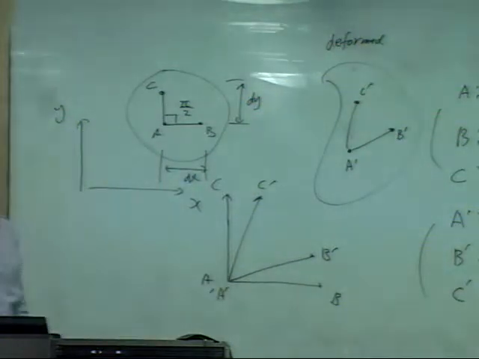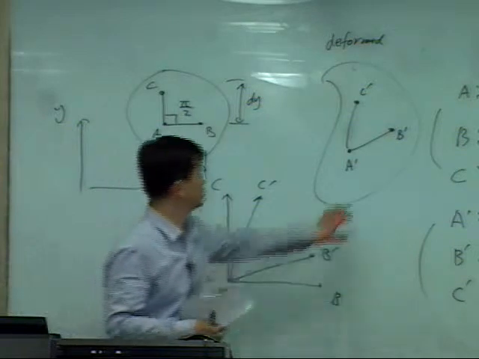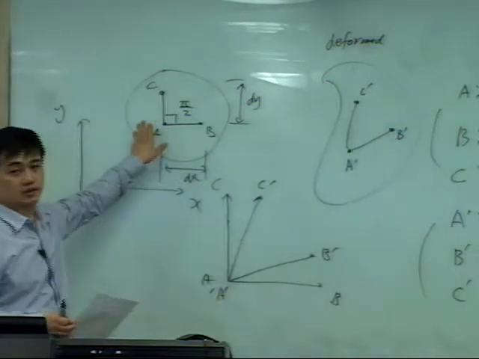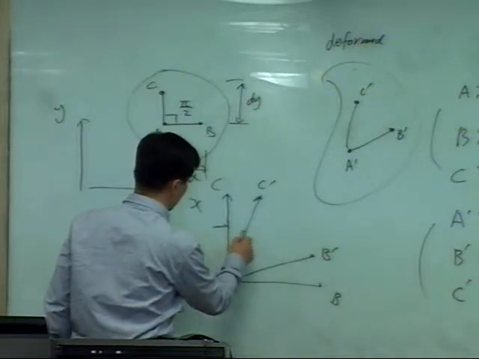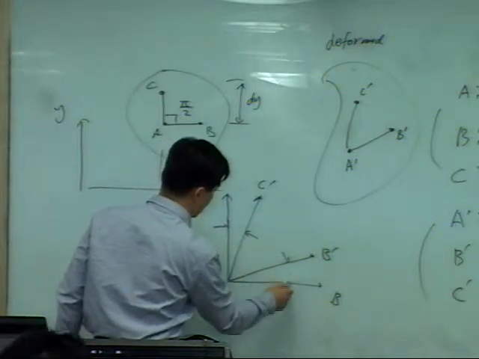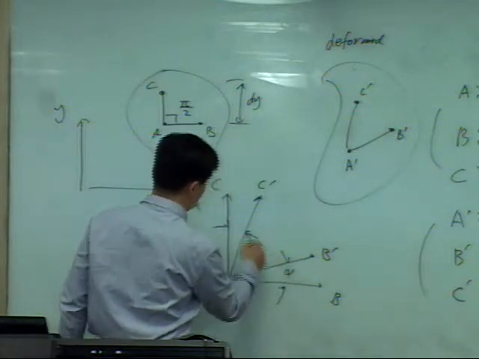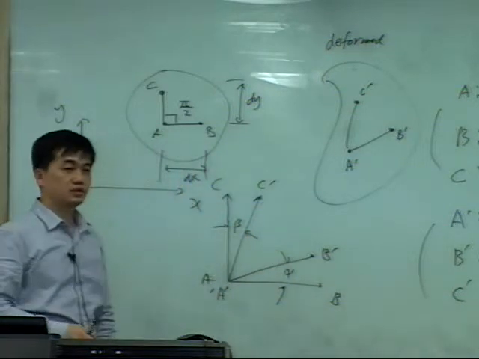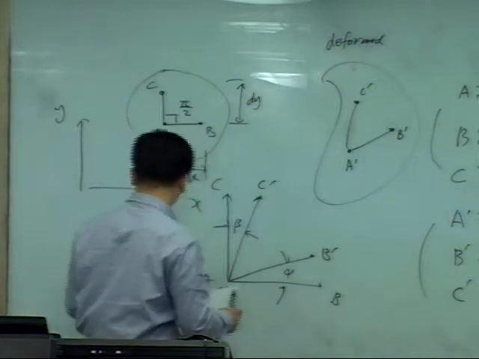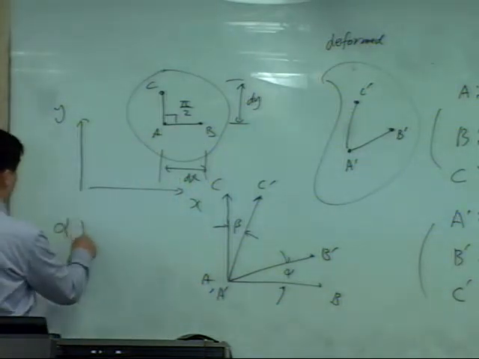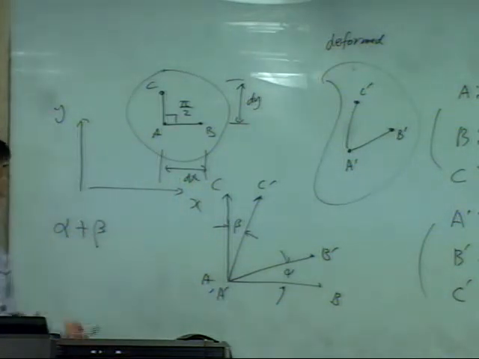We can draw like that. I just move the deformed position to the original. Then I can see the change of angle. Let's say this is alpha and beta. The change in the angle will be alpha plus beta, right? Alpha plus beta is the change in the angle.